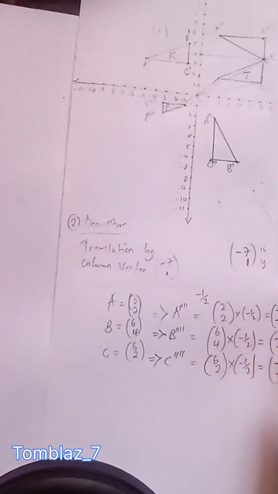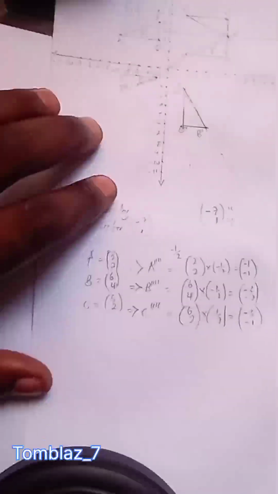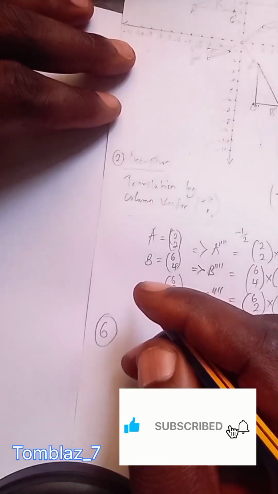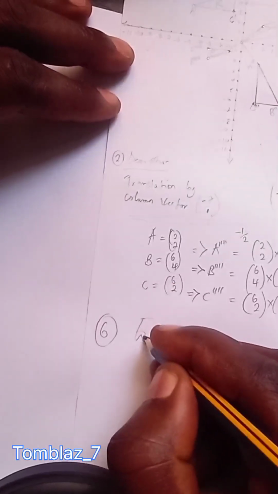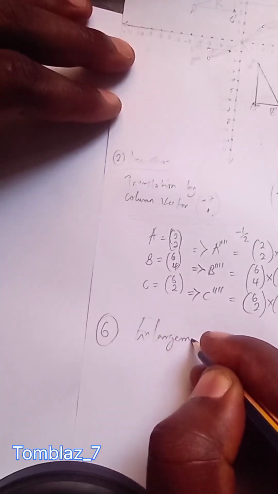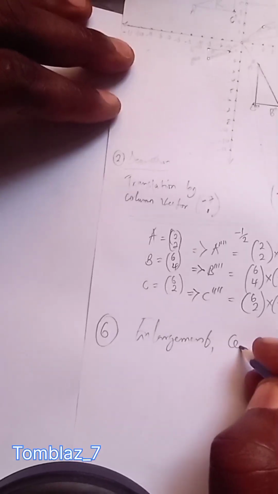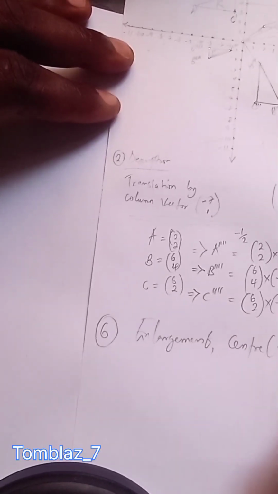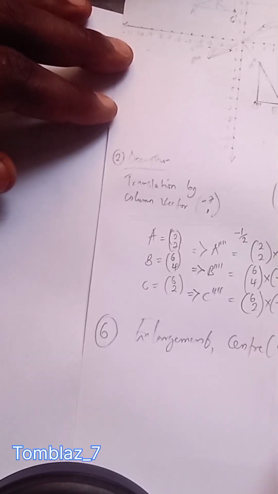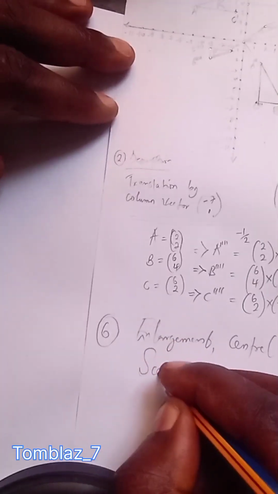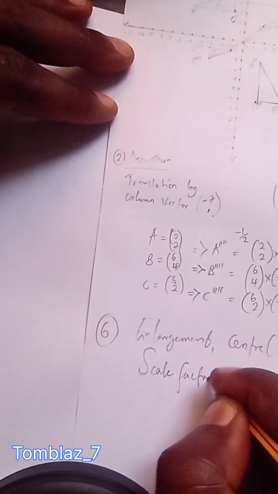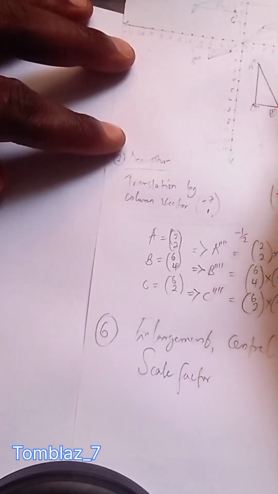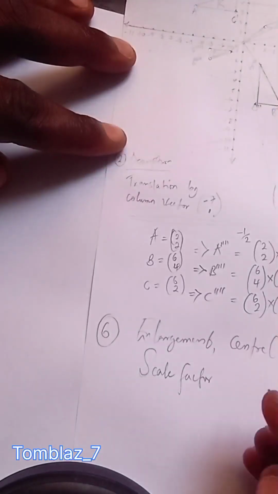Okay, so this is number 6, and we know that that's an enlargement with center 0, 0, which is also the origin. You can call it the origin, and scale factor. Now the scale factor, since this is big and this is small, it will be the inverse, right?